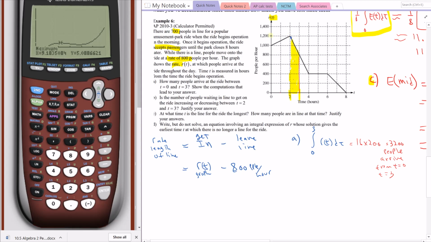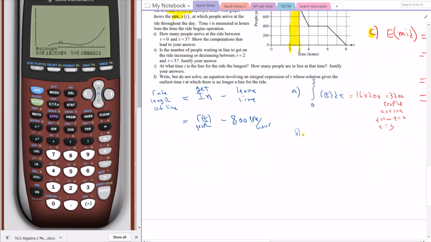Between the hours of 2 and 3 it was 1200, and it went down to 800 at exactly 3. So our rate in is between 800 and 1200.